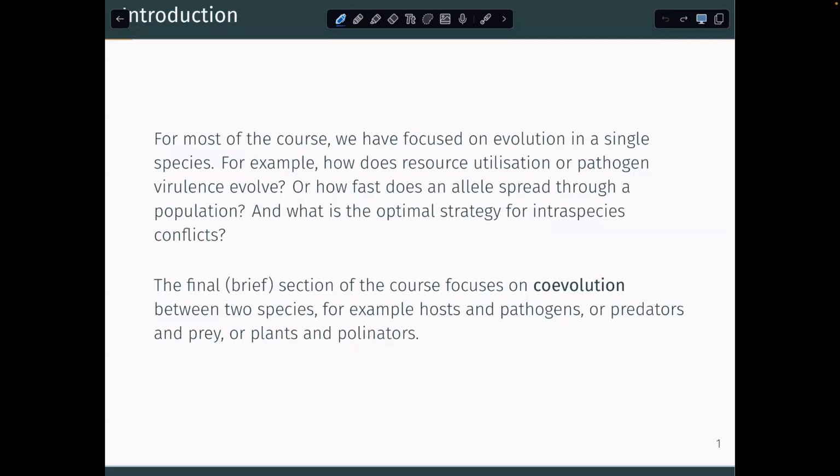Focusing on evolution of a single species, especially in our adaptive dynamics framework, is probably the easiest way to think about this. We've had one trait that's evolving, and we've been able to derive things about what's going to happen to that trait in the long term. Our selection gradient tells us how that trait is going to evolve, which direction it is increasing or decreasing. We eventually reach a singular strategy or a boundary.